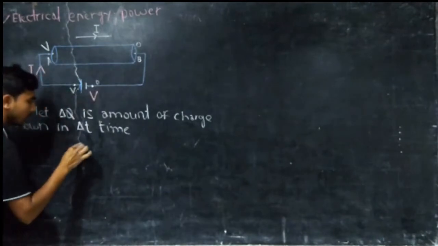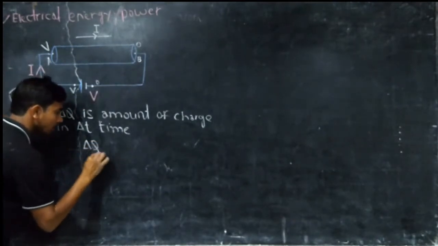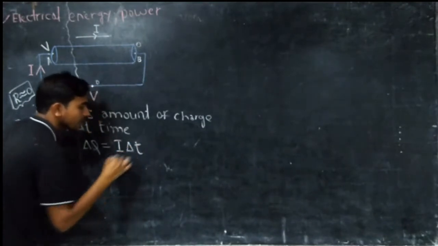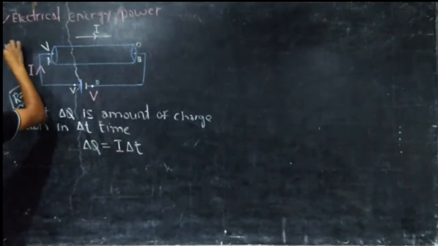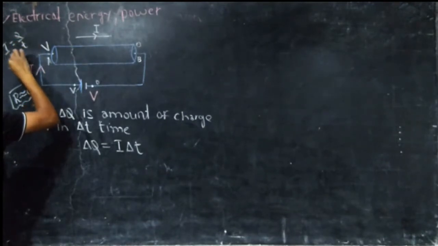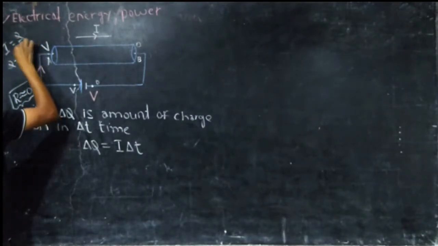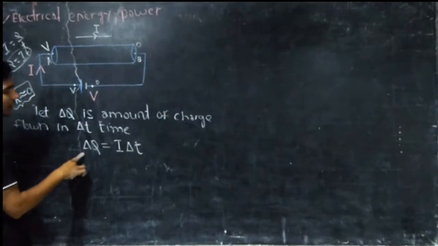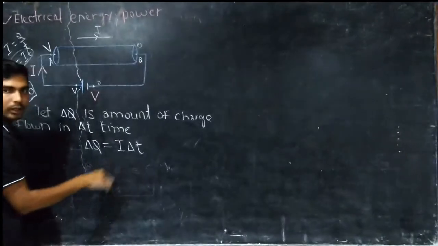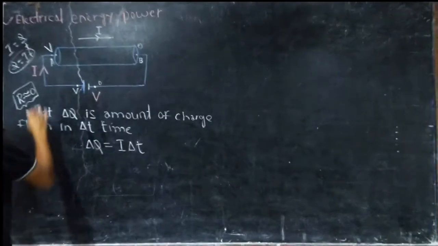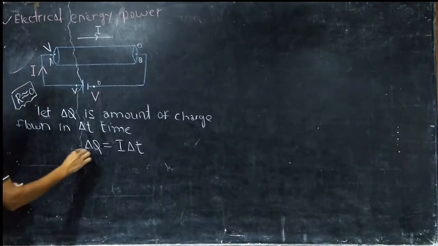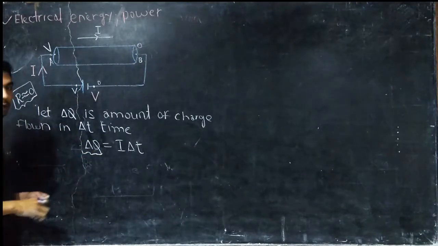So delta q will be equal to how much? I into delta t, yes or no? Because you know the formula, I is equal to q by t, so q is equal to I into t. So the amount of charge flown in delta t time is I into t, right? This much charge is flowing.